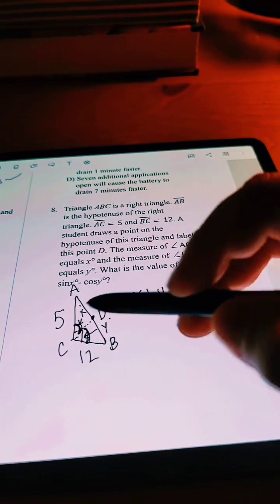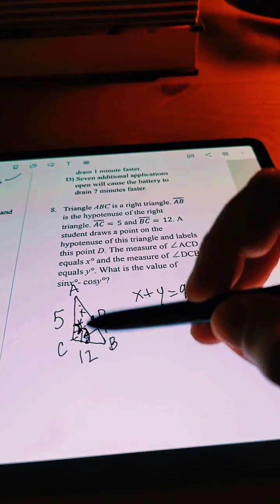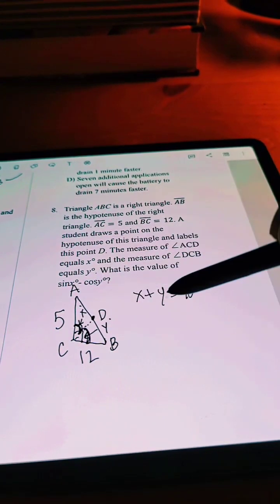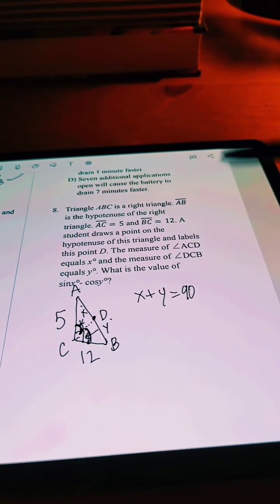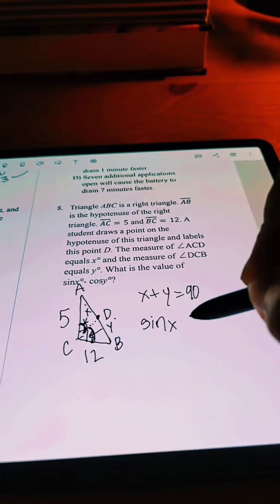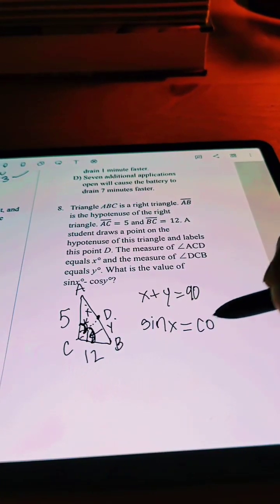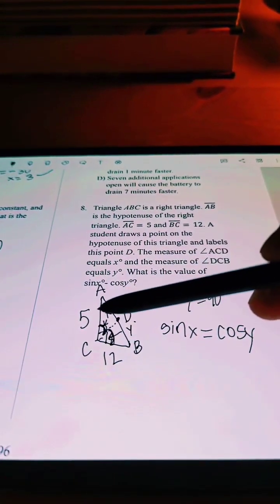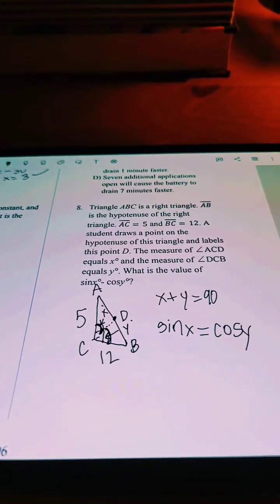If these are complementary angles, I know from my trig identities that the sine of one equals the cosine of the other and vice versa. So that means that the sine of X has to equal the cosine of Y. The sine of one complementary angle equals the cosine of the other.